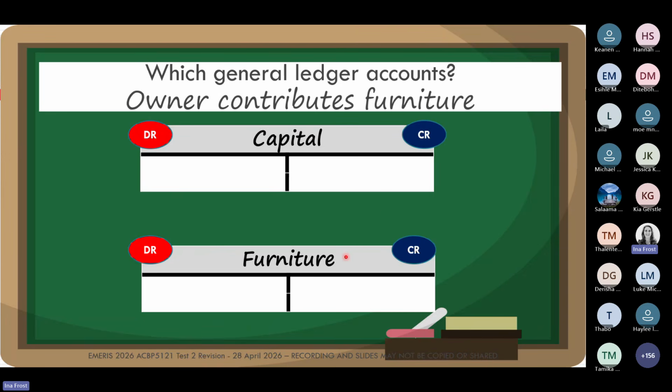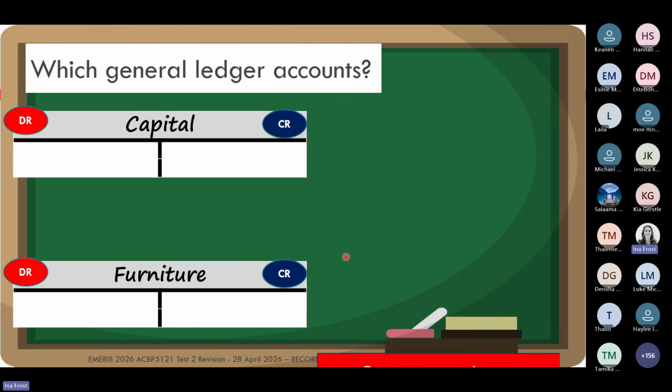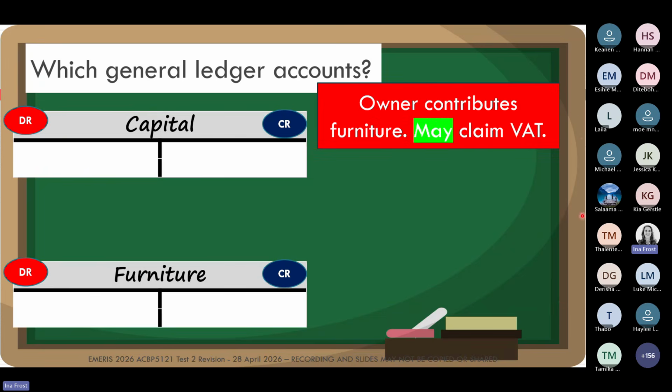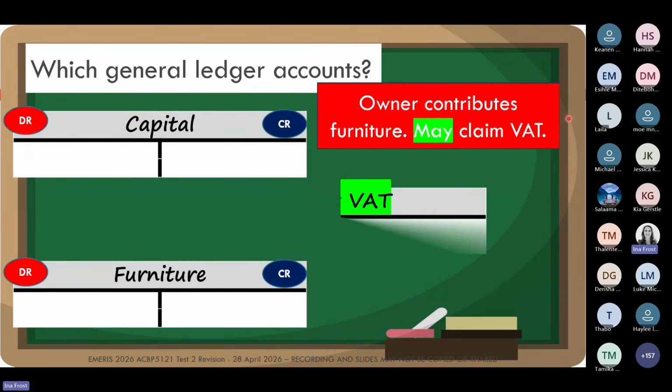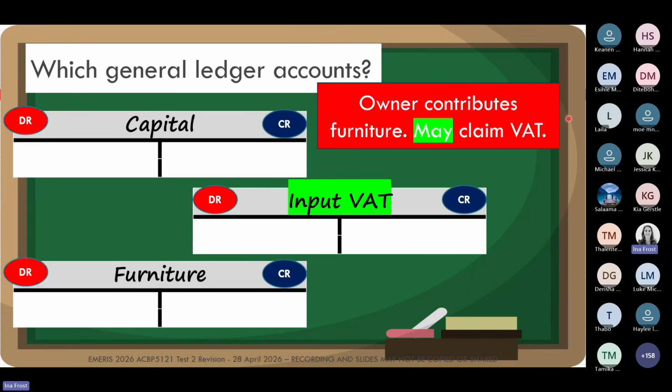But you will recall that the question told us the business can claim input VAT on this transaction. In other words, there's actually a 3rd account that will be impacted. So in this particular entry, 3 general ledger accounts are going to be impacted.